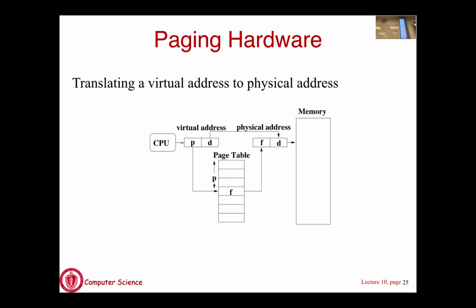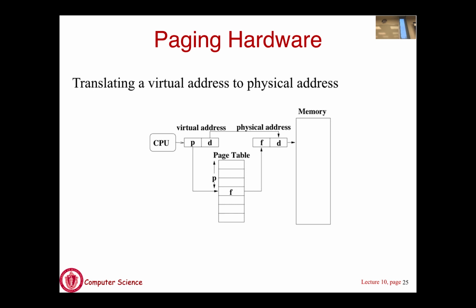So you index into it and it says this is the start address of the frame. You take the start address of the frame and then add the offset, which gives you a physical address. Is that clear?